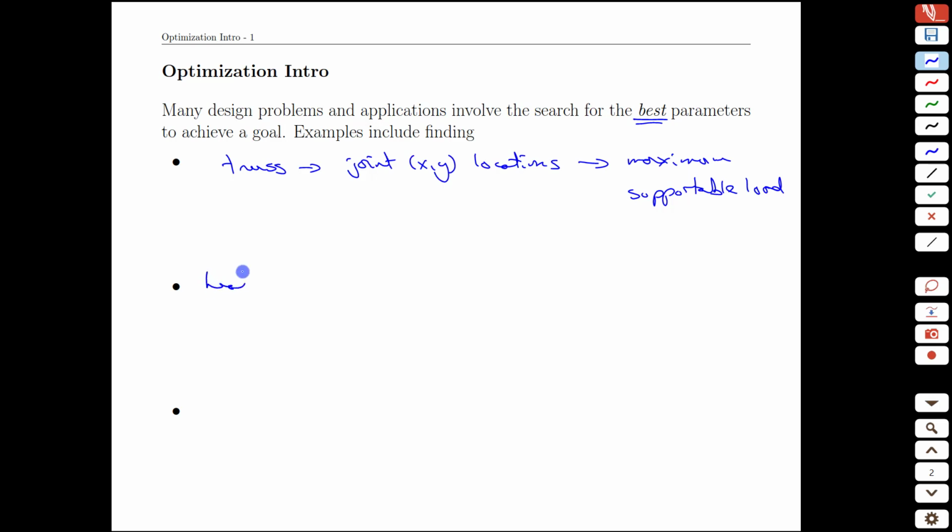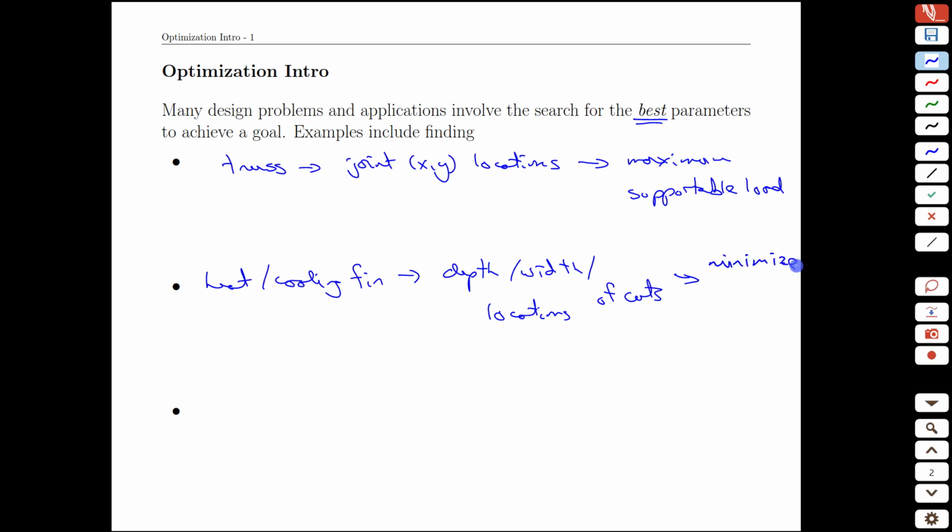We can also think about the heat question, the cooling fin problem. There, what we can imagine is that the depth, width, and possibly the locations of the cuts are going to affect the properties of the cooling fin, and then we might want to achieve some kind of minimization goal, something like minimizing the internal temperature of the fin.